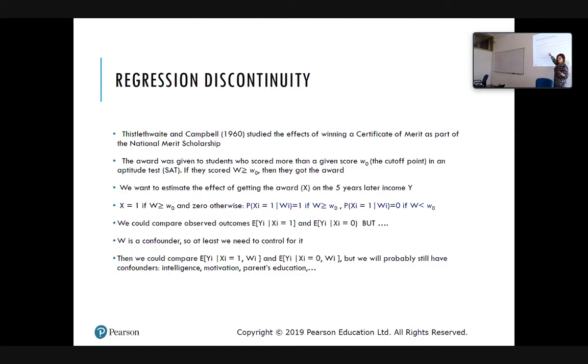This is a case of omitted variable bias, and we know this. Even if we control for these confounding factors, there could be other confounding factors. So if we compare just the conditional mean of Y for those who got the award to the conditional mean of Y for those who didn't get the award, then we probably run into an endogeneity problem.